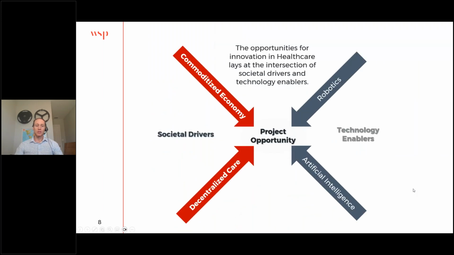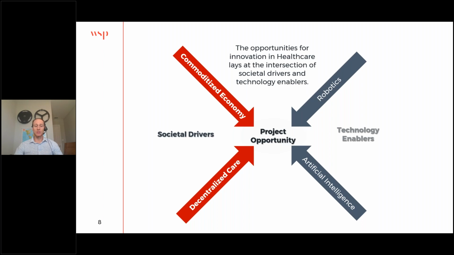When we look at these societal drivers and we look at what's happening with digital transformation and the technology enablers, the opportunity for our projects lies really at the center of those. So we've got a commoditized economy. Think of services like Uber, like Lyft. So a big focus on providing healthcare, simplifying healthcare and providing that capability to patients themselves.